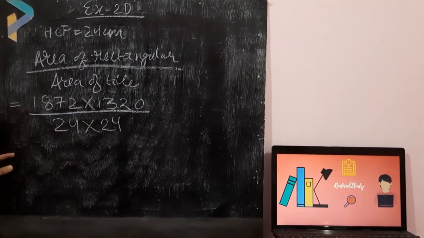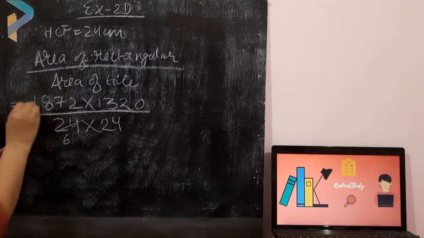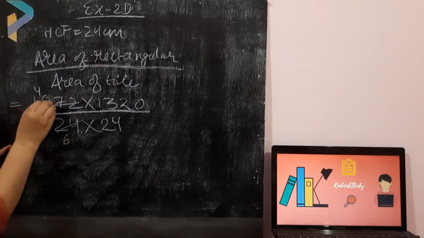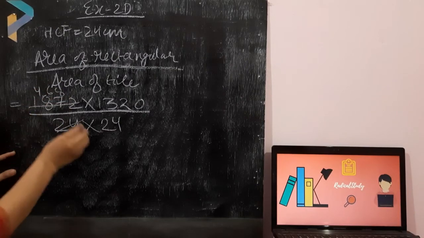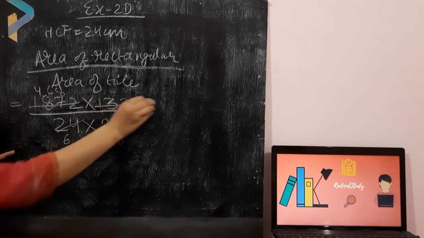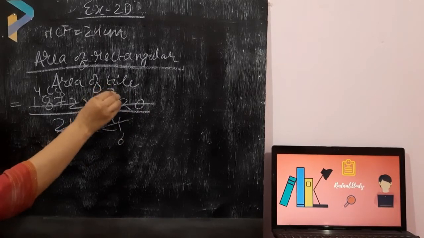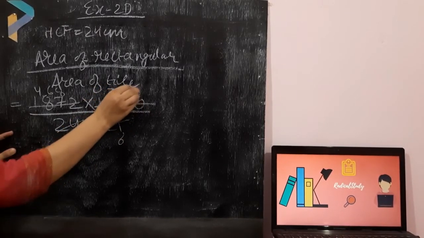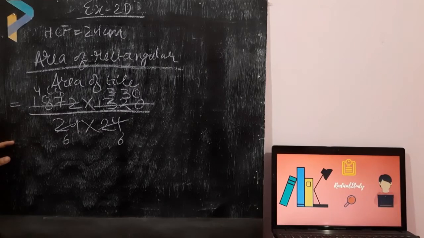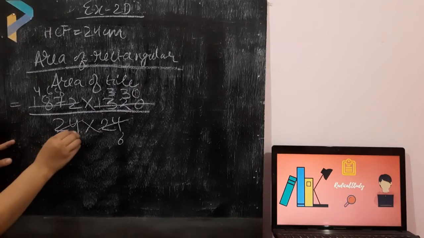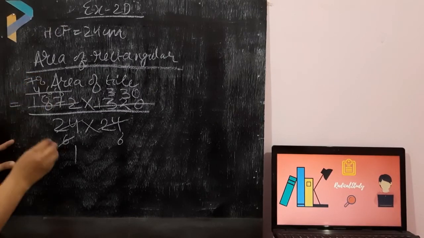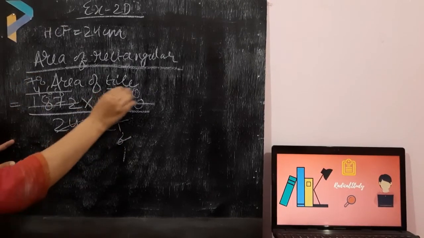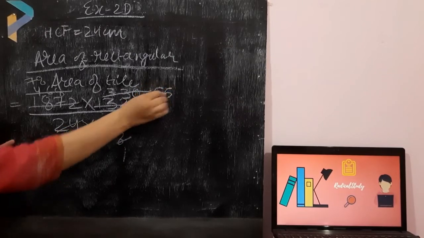Now I am going to simplify it in order to find out the answer. 4 6s are 24, 4 4s are 16, 2 remainder, 4 6s are 24, and then 4 8s are 32. 4 6s are 24, 4 3s are 12, 4 3s are 12, and then 0. Now again I am going to simplify it. 6 1s are 6, 6 7s are 42, 6 8s are 48, 6 1s are 6, 6 5s are 30, 6 5s are 30.